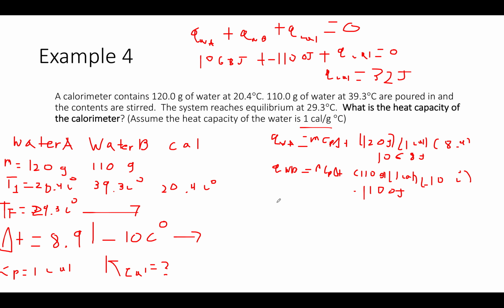Solve for qcal. You get 32 joules, but the heat of the calorimeter equals Kc delta T, and we're solving for the heat capacity of the calorimeter.